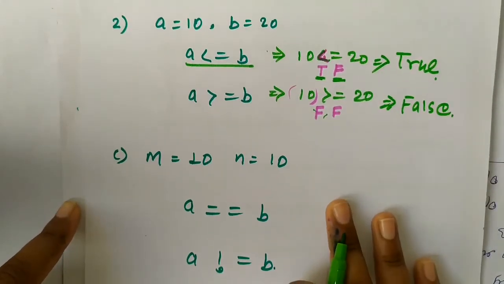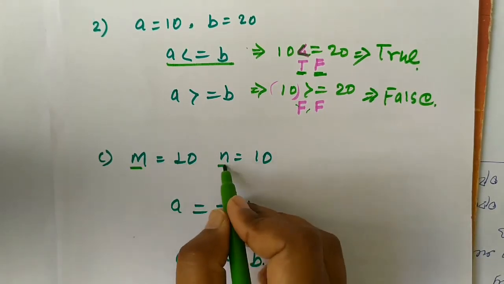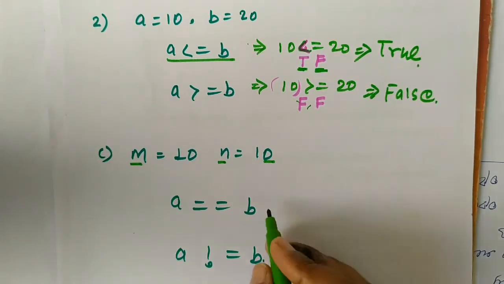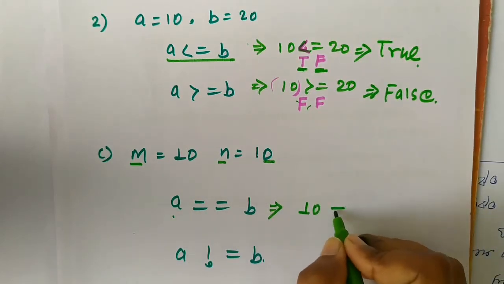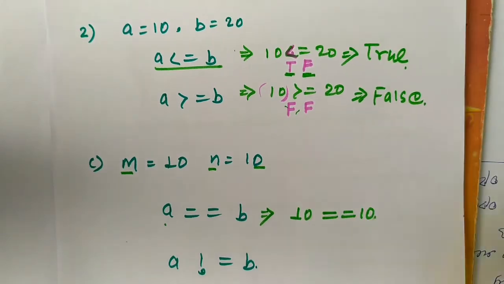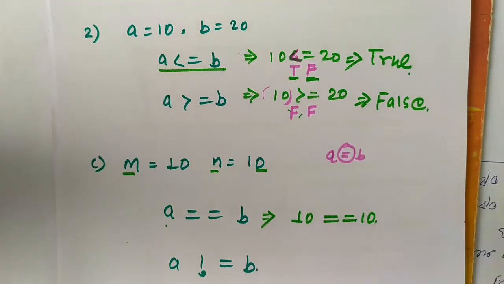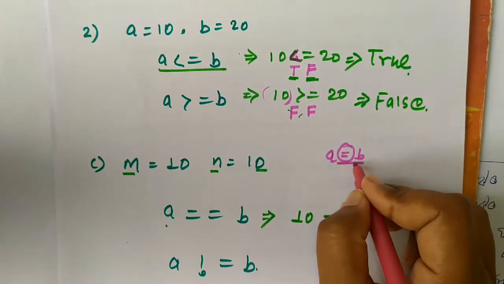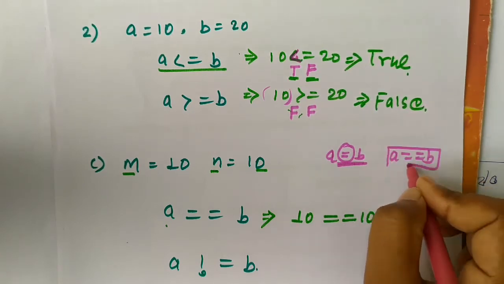Here, m is equal to 10, n is equal to 10. Both take the value 10. Firstly check this one. If the value of a is 10, equal to 10. In mathematical form, for checking a equal to b, we use the equal to sign. But in a programming language like Java, to check whether both values are equal or not, we use a double equal to sign.